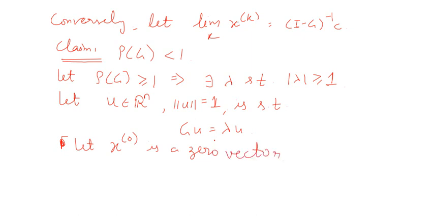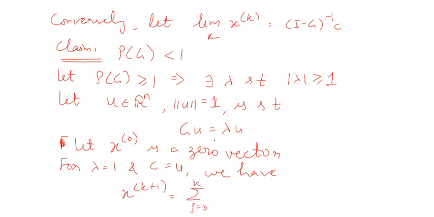Now for lambda equals 1 and c equals u, we have x_{k+1}. If you recall from the previous recurrence relation, that equals the summation j equals 0 to k of G^j u, and the first term is 0 because x0 is the zero vector.